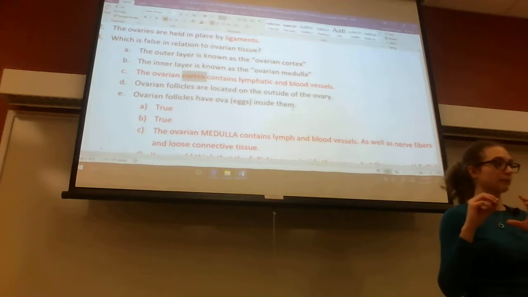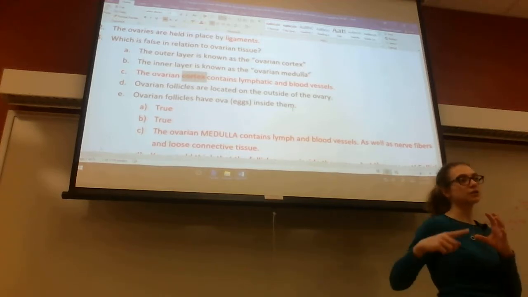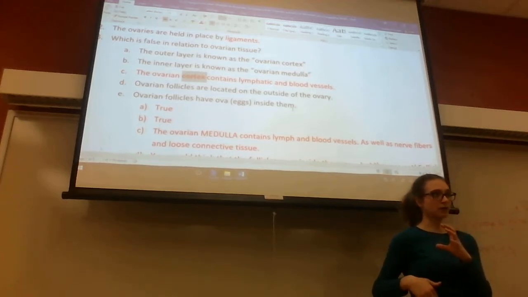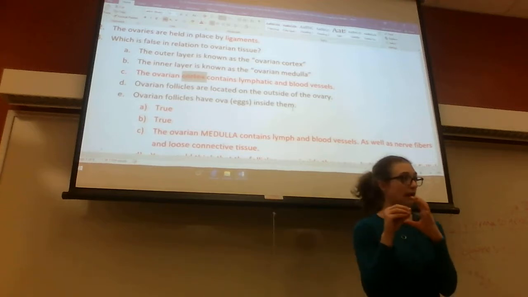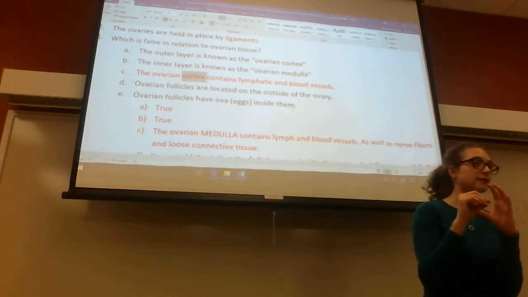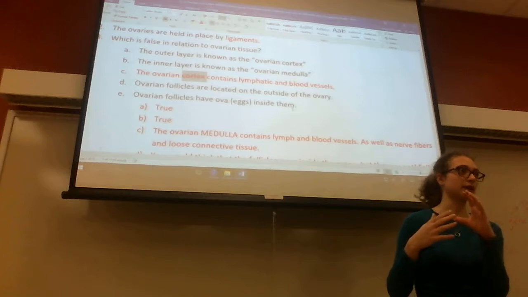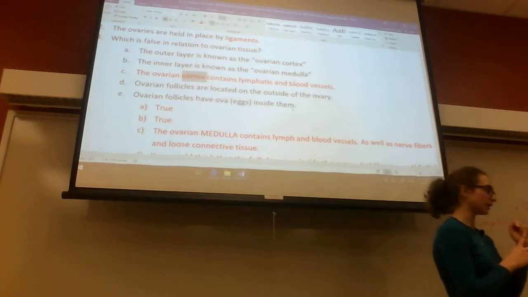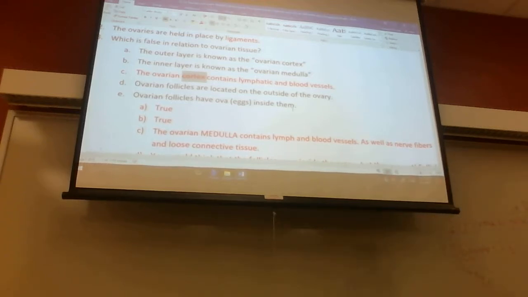The blood vessels nourish the eggs inside of the ovary, and the lymphatic vessels protect it from bacteria and everything like that. So that's pretty neat. What's interesting, ovarian follicles, so the egg cells, are located on the outside of the ovary. So you have some on the outside.